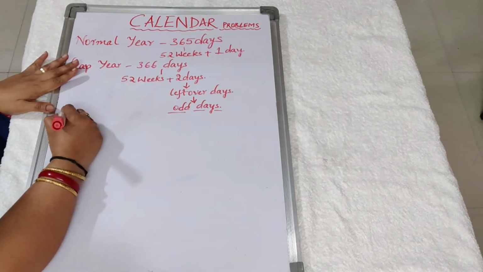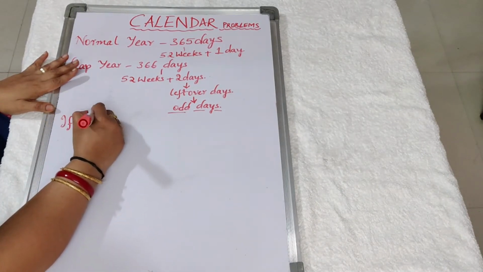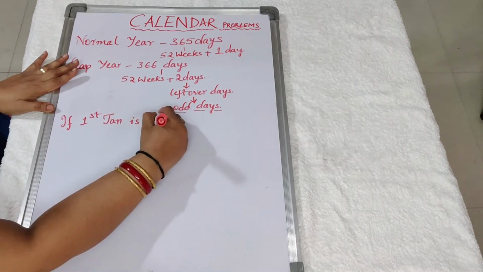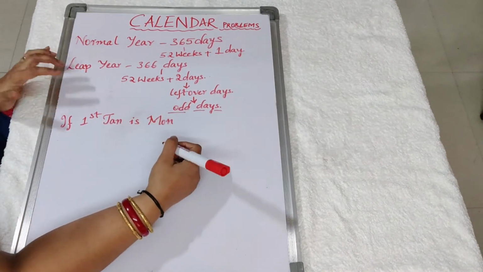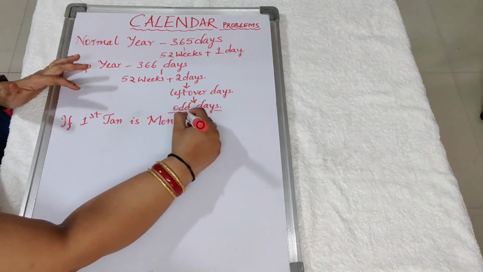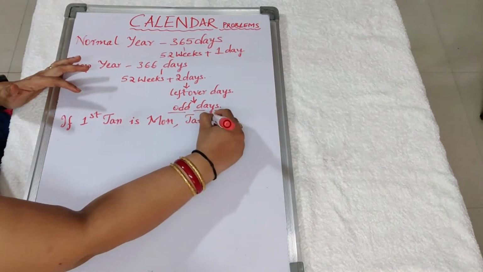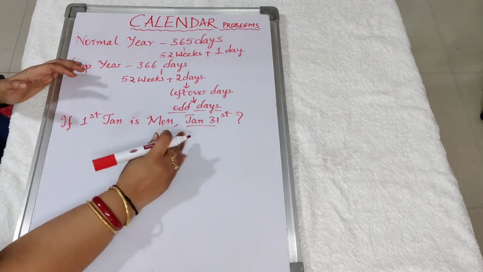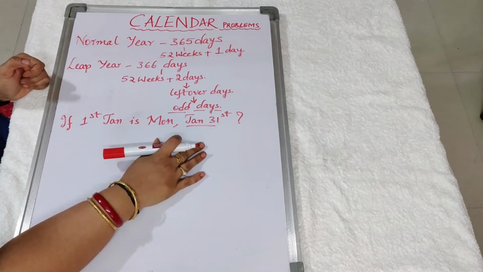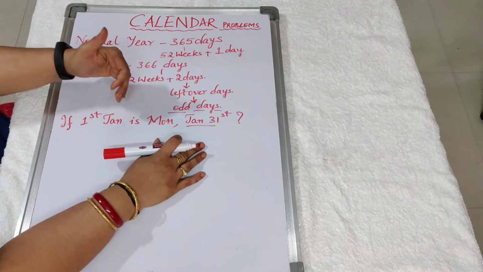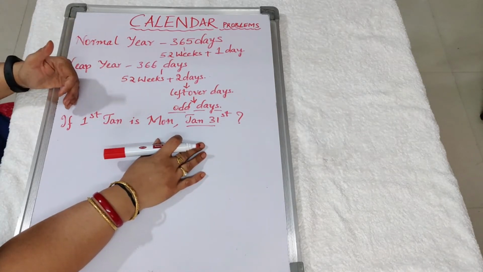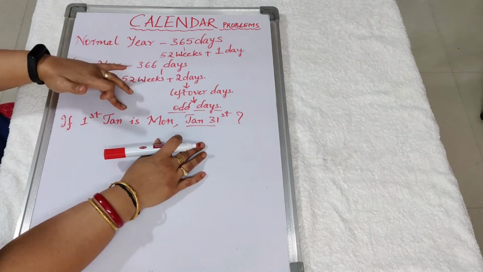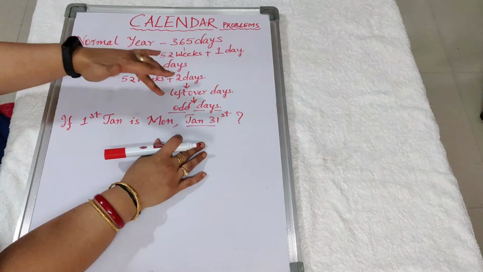Let us say 1st Jan is Monday, then what day is Jan 31st? Suppose you don't have the calendar with you, and you don't have time to calculate like 1st, then 7th would be a Monday, and so on.